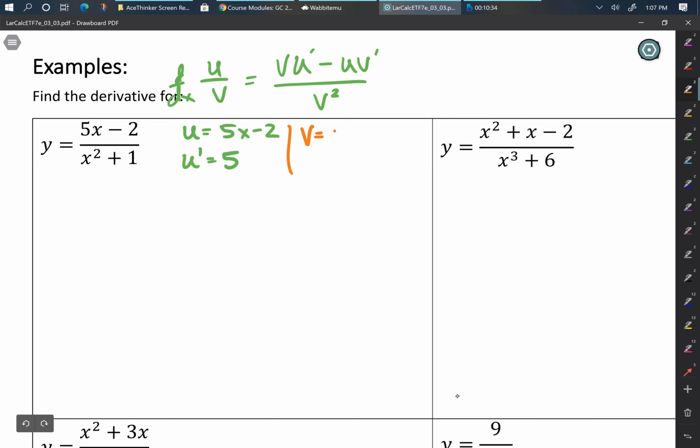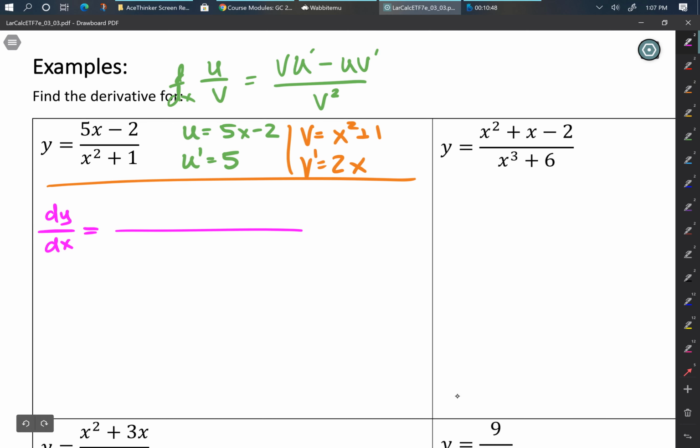My v is x squared plus 1, so then my v prime is 2x. Okay? So then putting it all together, the derivative of y with respect to x is going to be v, x squared plus 1, times u prime, 5, minus u, 5x minus 2, times v prime, 2x, all divided by v squared.